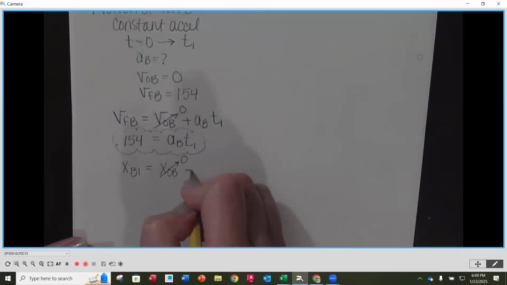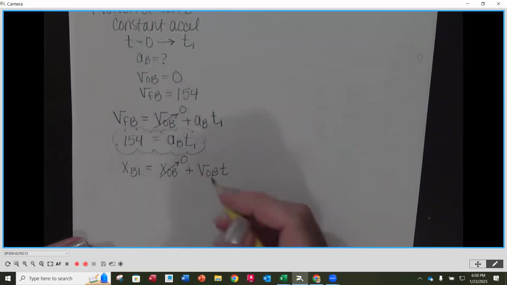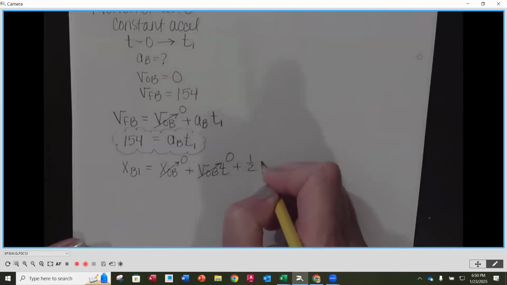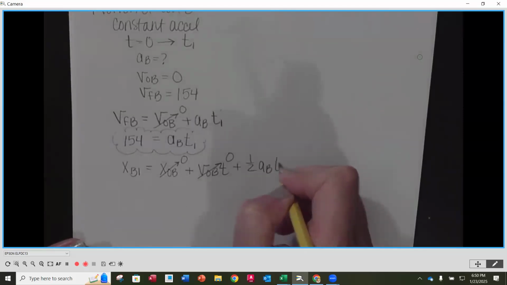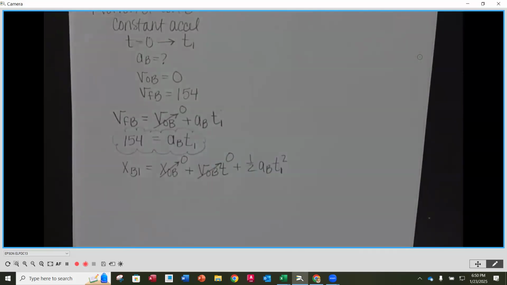So that's going to be 0 plus the original velocity of B times T, again 0 because the police car is starting from rest, plus 1/2 A_B T1 squared because we're in that constant acceleration phase.